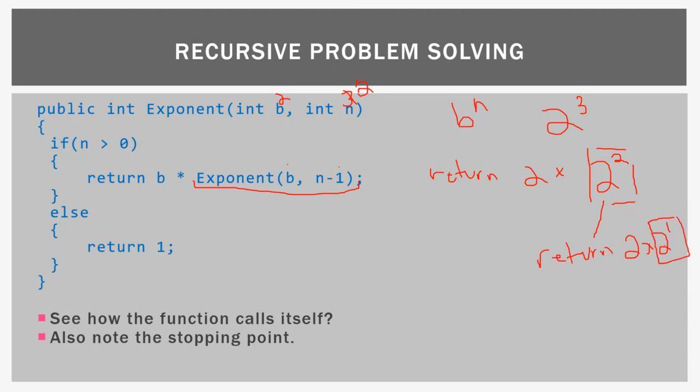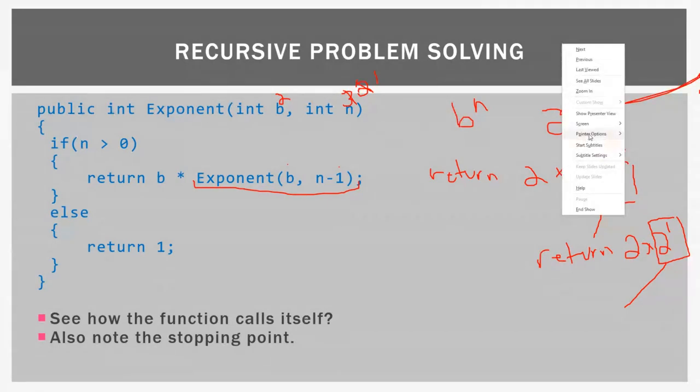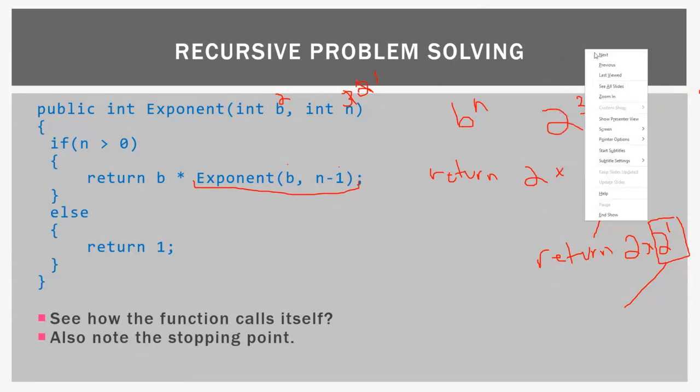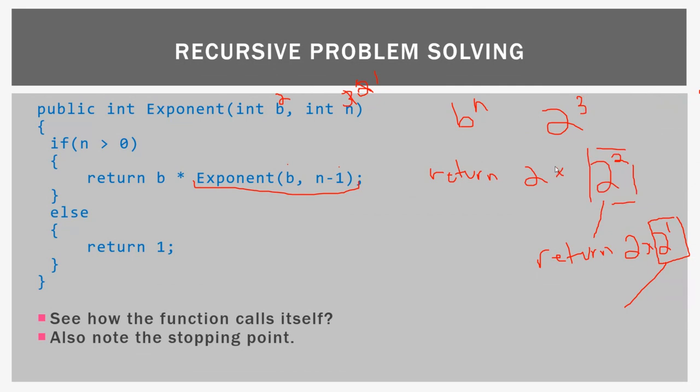So I'm trying to now solve this call. When we get in here a third time, keep in mind the first one hasn't even returned anything yet, because we can't solve the first one until we solve the second one, and we can't solve the second one until we solve the third one. This is why it acts like a stack. So if we get in here with 2 to the power of 1, we're going to try returning 2 times 2 to the 0.